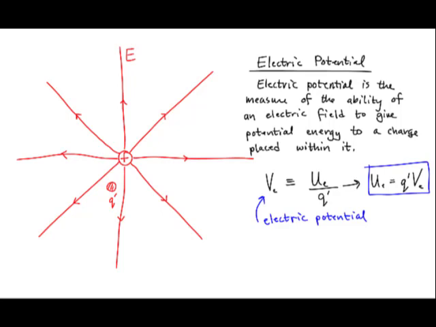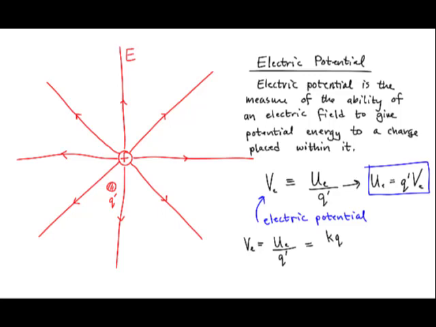If we look at the electric potential due to a point charge, and we know it's defined based off of the electric potential energy per unit charge, well, we just have to look at the electric potential energy that that point charge would have with another point charge.